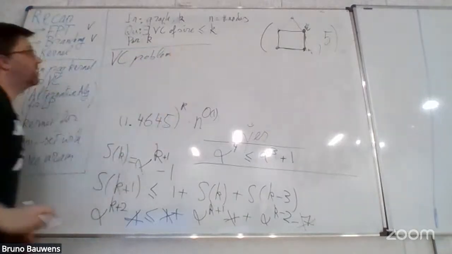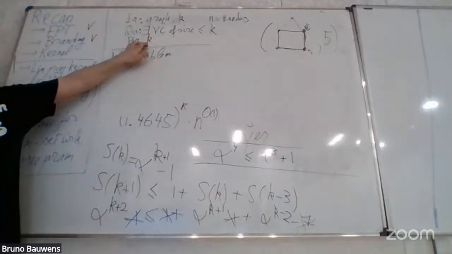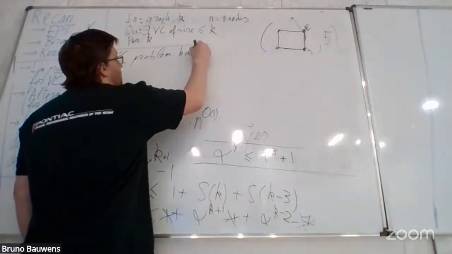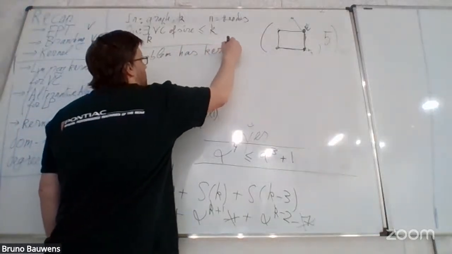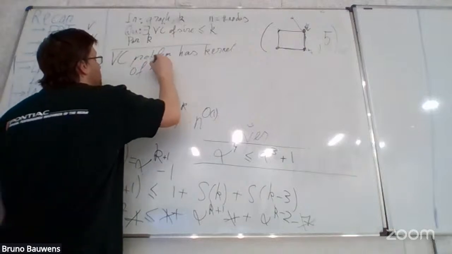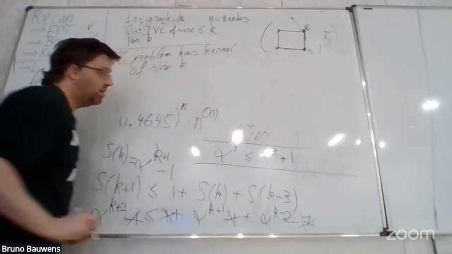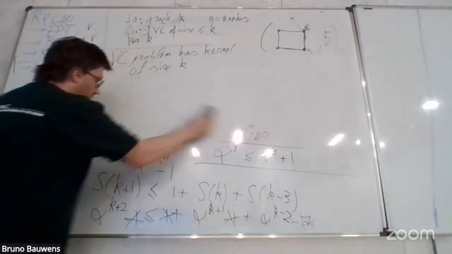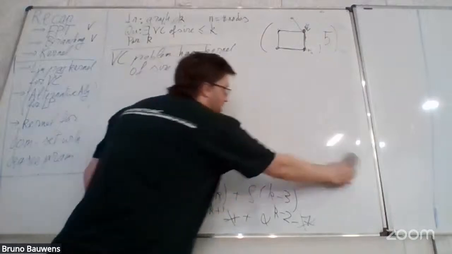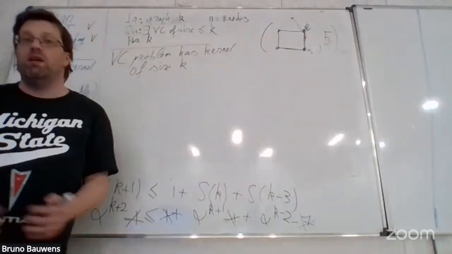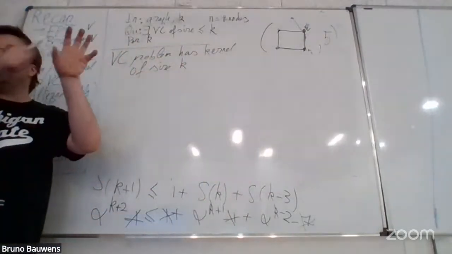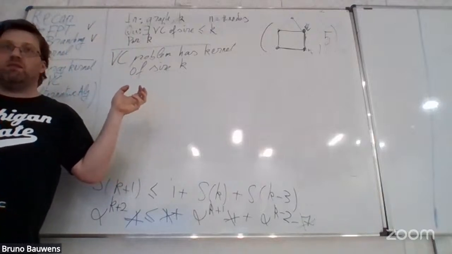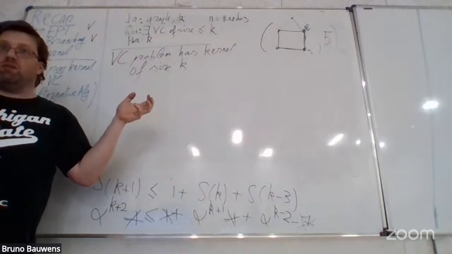So if I forget to say what is the parameter, it's always the natural parameter k. Vertex cover problem has a kernel of size k. And so we have certain reduction rules. So when we solve the vertex cover problem and our graph has an isolated node, what should we do with it? We drop it because it doesn't matter.